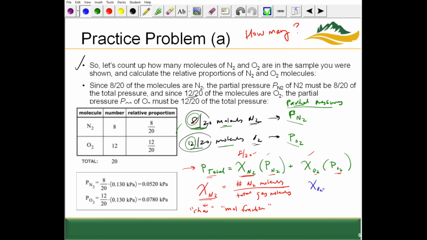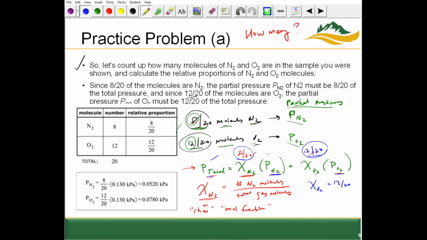Then chi O2 has to be 12 out of 20. What this mole fraction helps us do is it says that 8/20ths of the total pressure comes from N2. Similarly, 12/20ths of that total pressure is from the O2. In total, they have to add up to this total pressure.